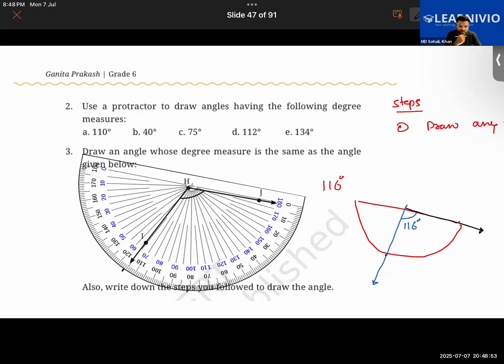No, Nafis, that does not look like 116 degrees. Have you measured it? Measure it properly using a protractor. Measure it again. Because it looks like an acute angle. See, 116 is an obtuse angle, no? So it should be wide, but yours is looking acute. Okay, Nafis.